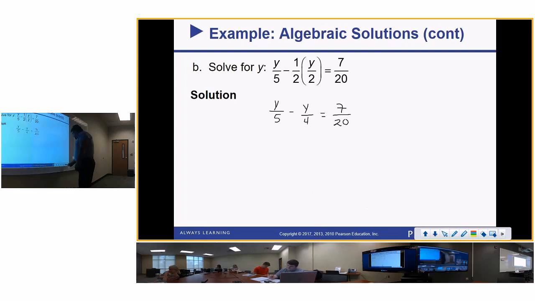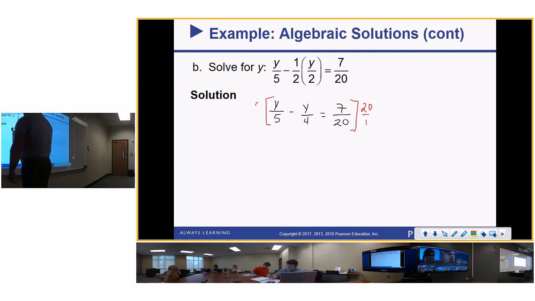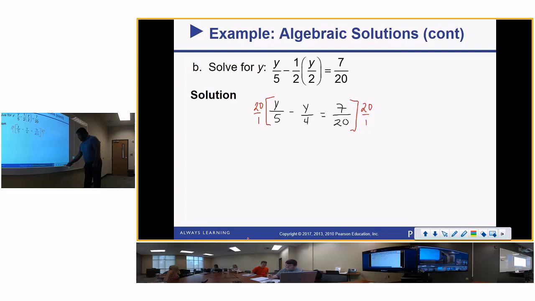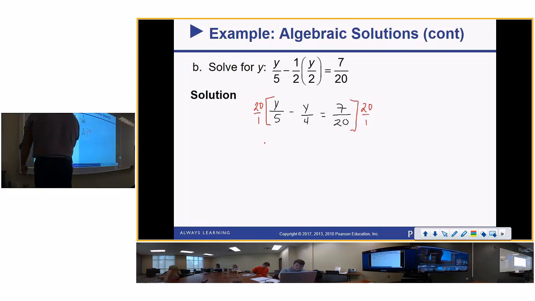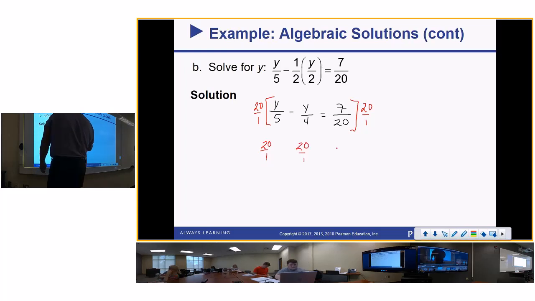So I'm going to multiply through by 20 over 1. Now, for those of you who didn't create the space shuttle, when I do this, I do it on both sides. I usually put a baby step in here: 20 over 1, 20 over 1, 20 over 1.